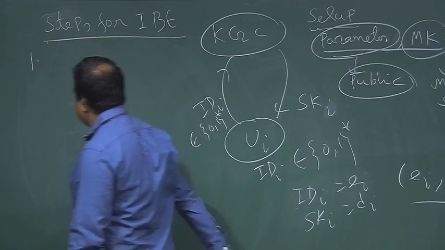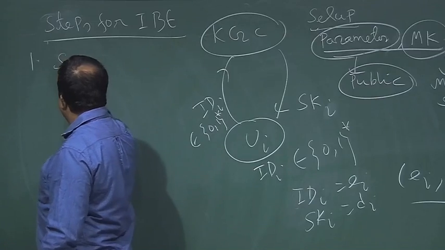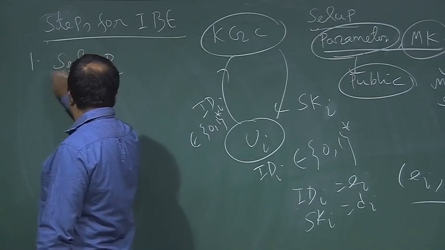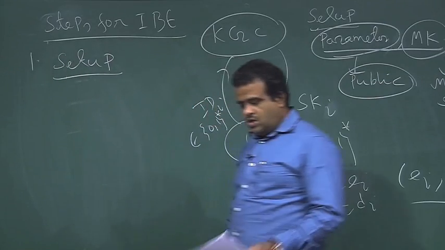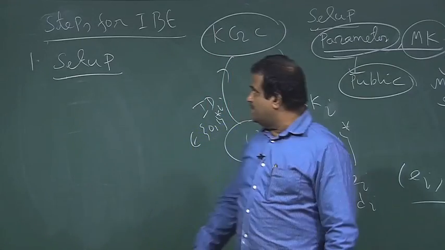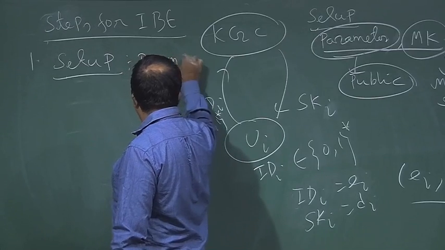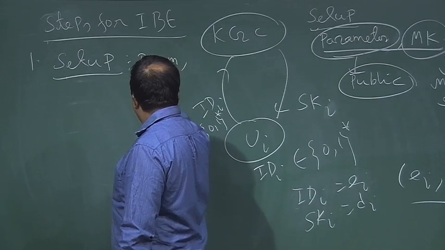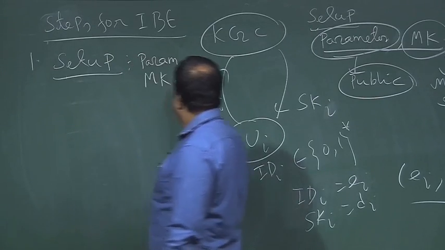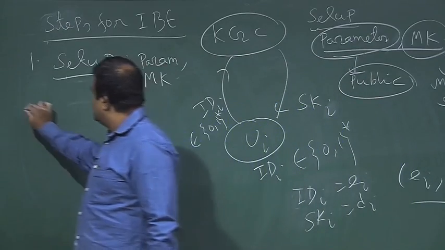First is the setup phase, or key generation phase. In the setup phase, we choose the public parameter, we say params, and the master key, which is secret to the key generation center.